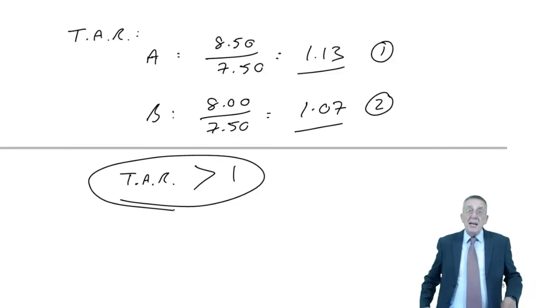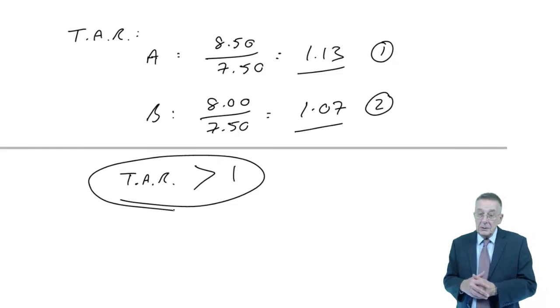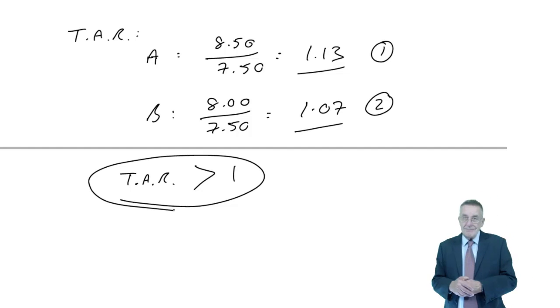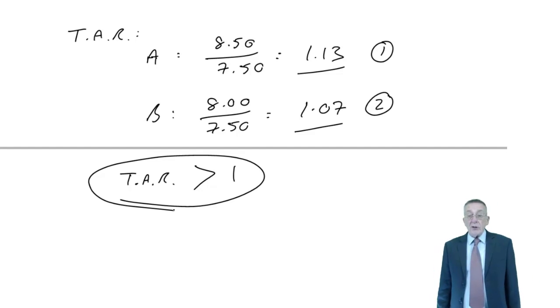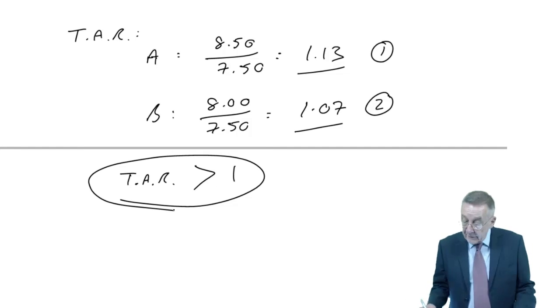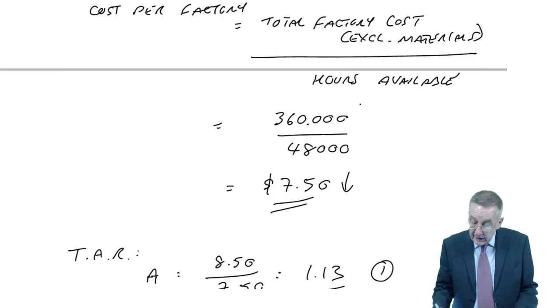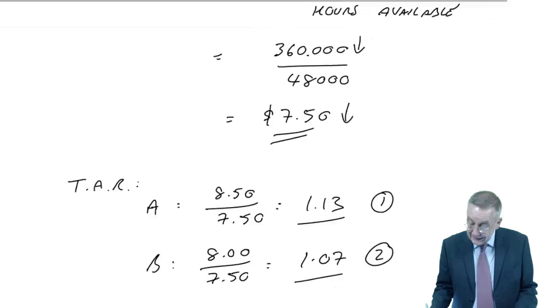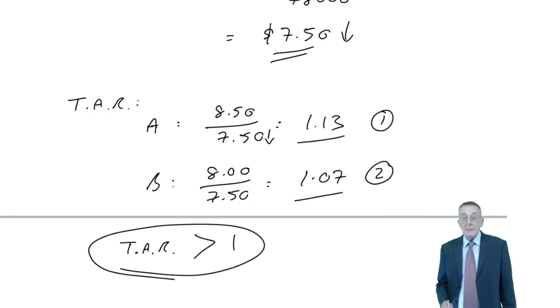If we can get the cost of materials down, again, it improves the throughput, it improves the ratio. What else? See if we can reduce the total factory costs. If we can get the factory costs lower, then the cost per factory hour is lower. And if the cost per factory hour is lower, the ratio will be higher.